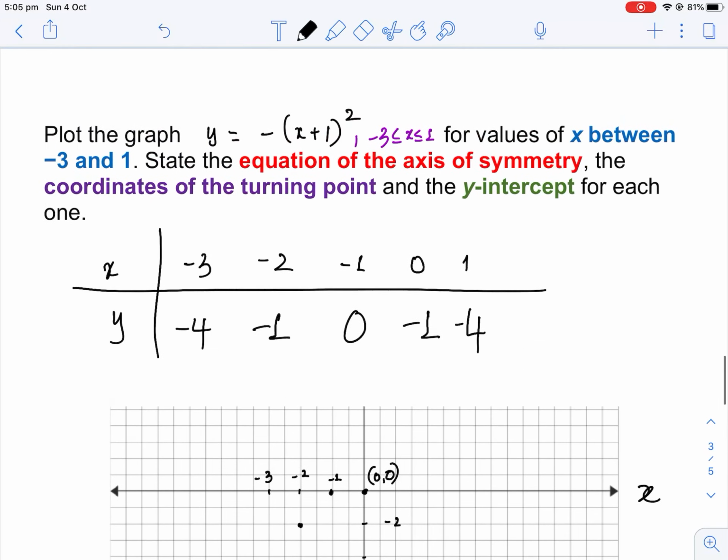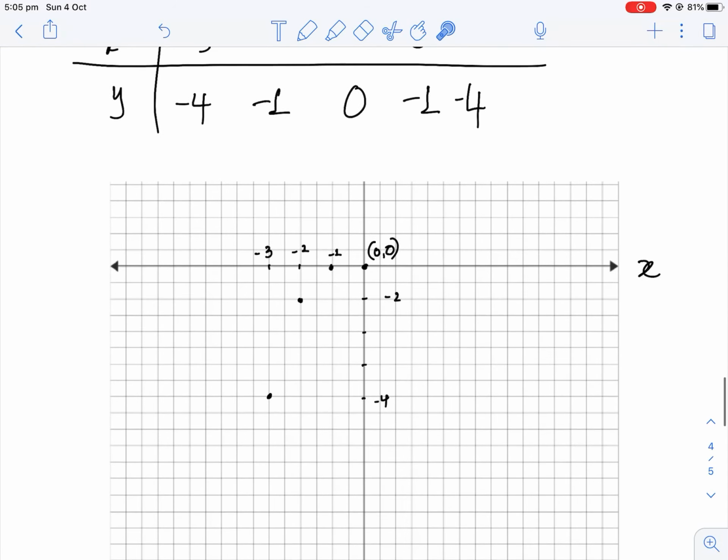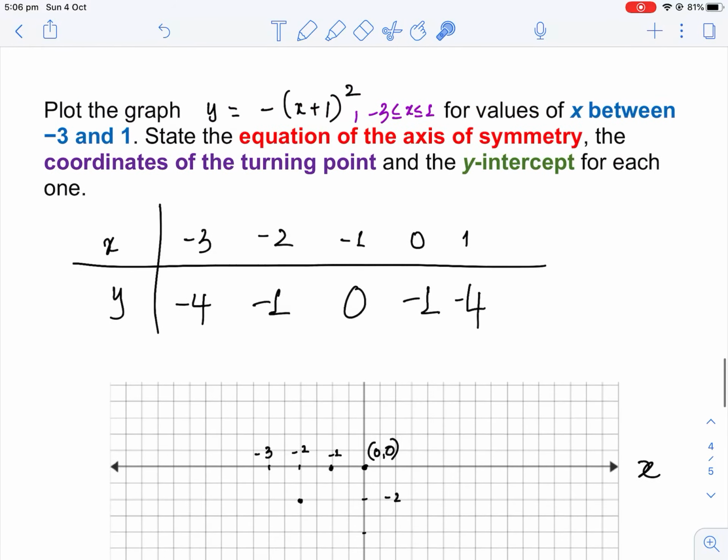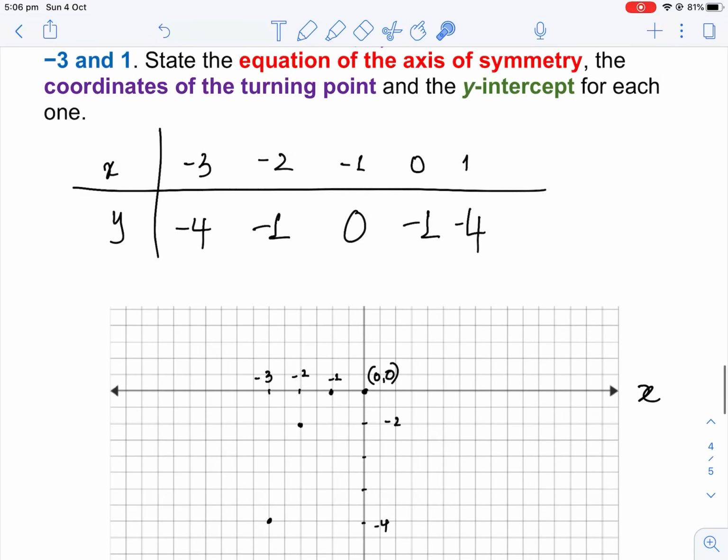Then if x equals 1, then 1 plus 1 is 2, squared is 4, so y is negative 4. Just one second. X equals 1 here and negative 4 here. So the next point is here.